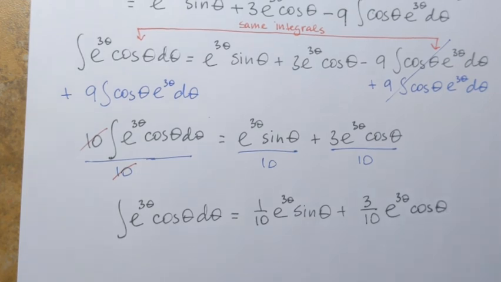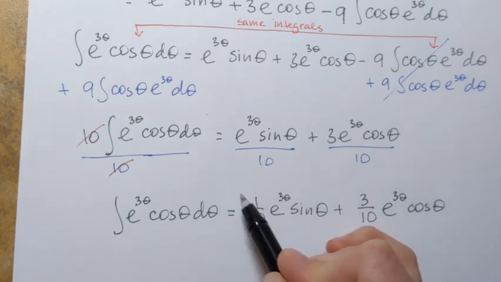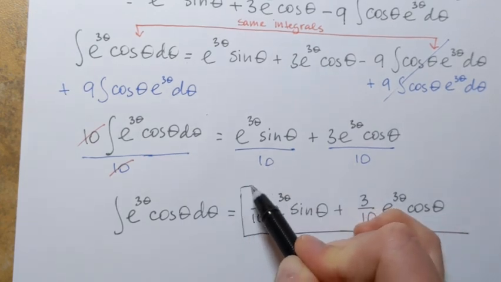And that's what that integral equals. There are some options for how you can manipulate this expression a little further. You can factor out 1 over 10 times e to the power 3 theta, in factored form, or you can just leave it like that. I'm just leaving this in this form. And that's going to be the answer.